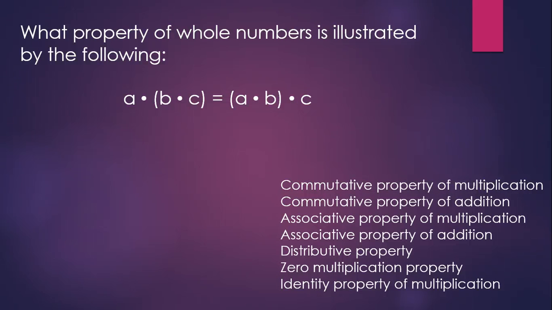And what property is illustrated here? This is an example of the associative property of multiplication. What property is illustrated here? This is an example of the commutative property of addition.